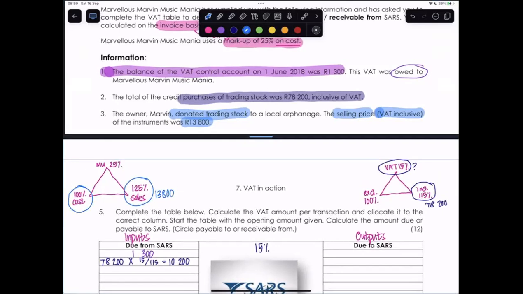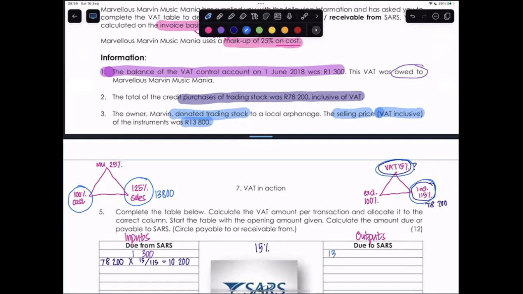At the same time, this is inclusive. So just like we did the previous one, we're going to have to go and work out the VAT using that. Now, if there were donations, that is going to be goods going out of the business. So we need to show it as part of your output VAT.